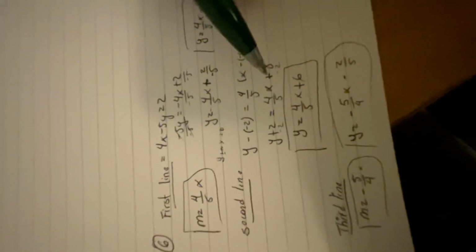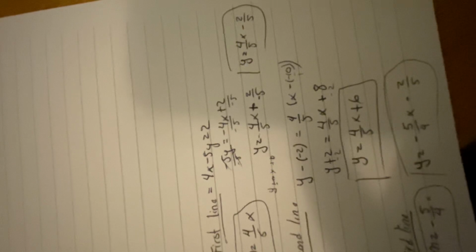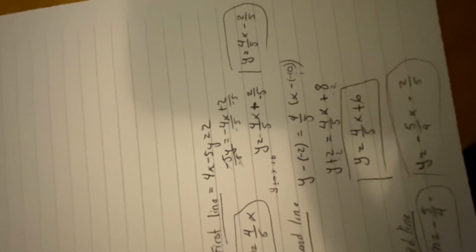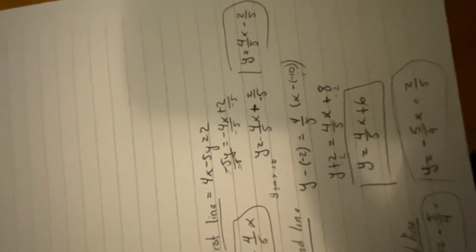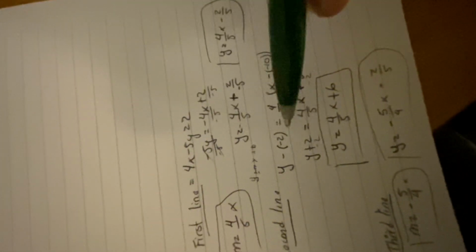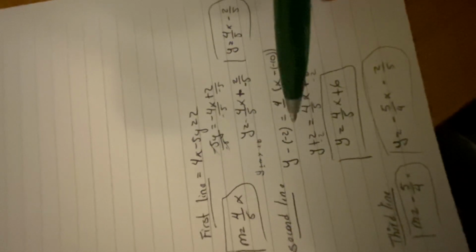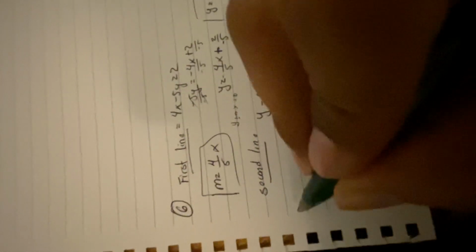So for the second line, it was saying write the equation of the line in slope-intercept form that is parallel to the first line and passes through the point minus 10, comma, minus 2. So this is again the formula. It will be y minus y1. When the problem says it's minus 10, comma, minus 2, this will be my x1 and this will be my y1.